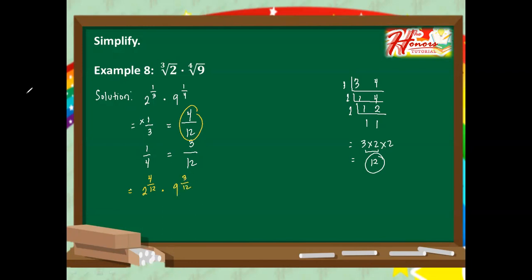Now we can change this now into radicals. So it will become the 12th root of 2 raised to 4 times the 12th root of 9 raised to 3.